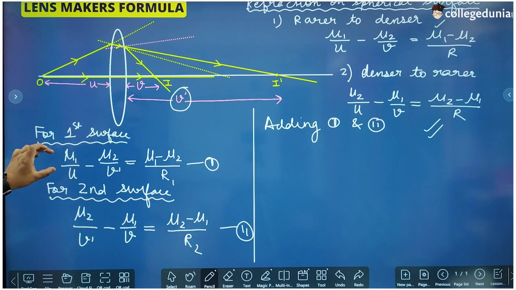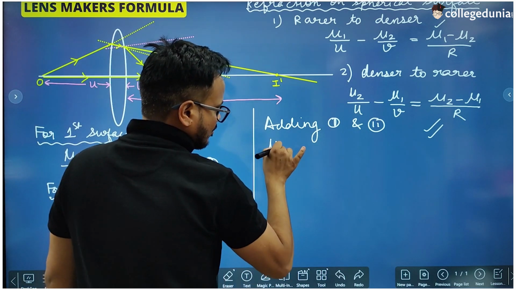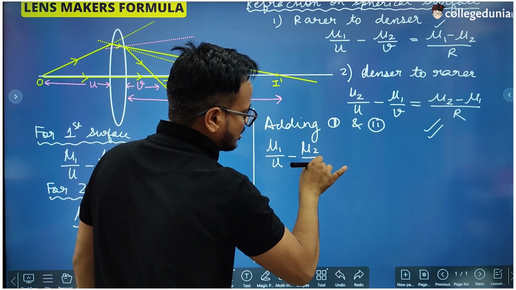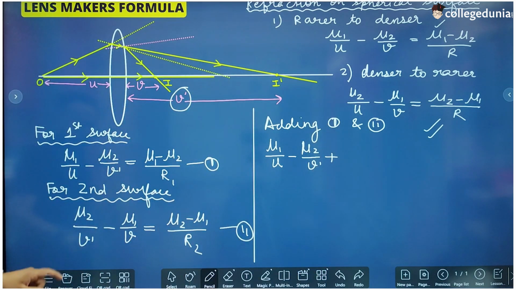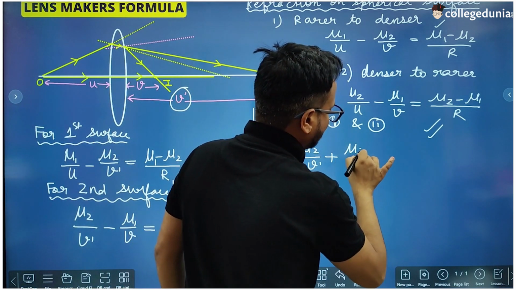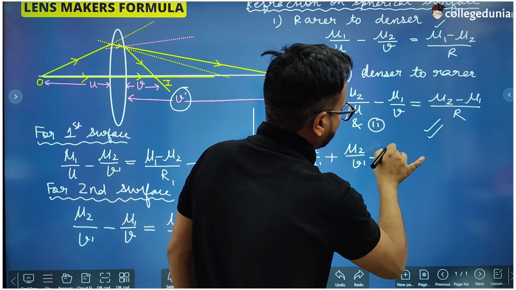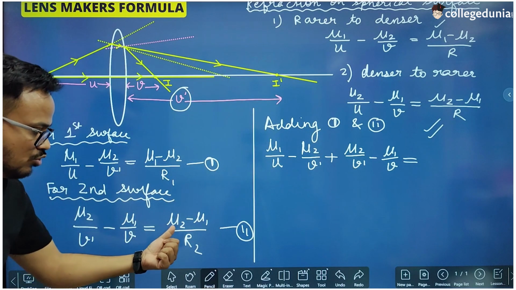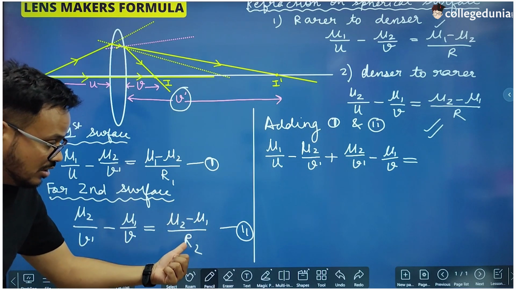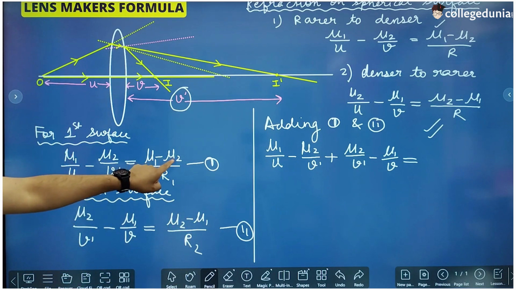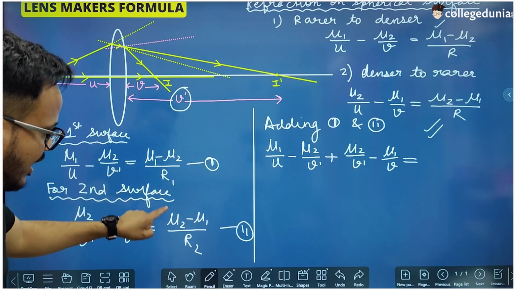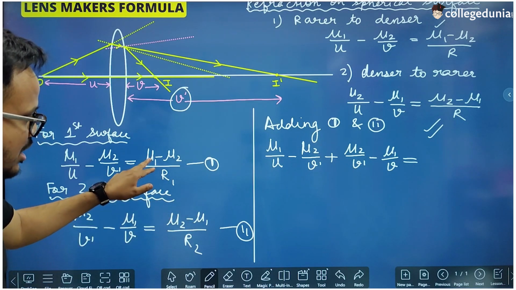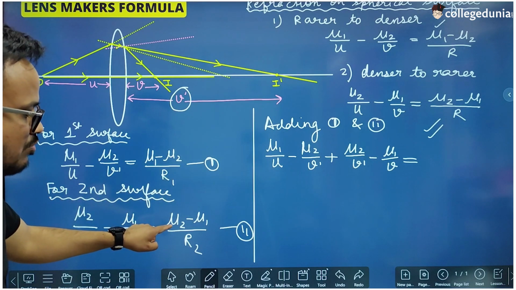We get mu1 by u minus mu2 by v dash plus mu2 by v dash minus mu1 by v. And if we add these two and take mu1 minus mu2 common, this will be 1 upon r1, but this will be minus 1 upon r2, because we are taking mu1 minus mu2 common, but here it is mu2 minus mu1, right?